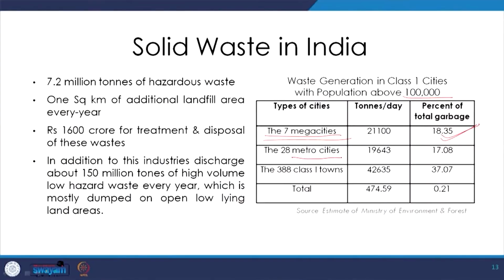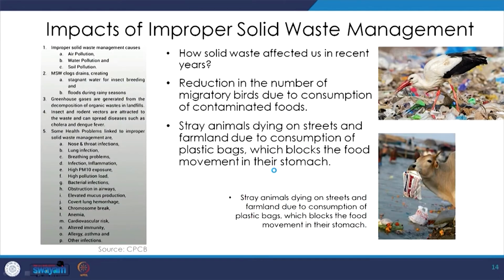Looking at 28 metro cities, they are generating around 17% of the total waste, and 388 class 1 towns are generating around 37.07%. If you look at these percentages in tons per day collectively, and calculate on a per city basis, then we see that per city waste generation is much higher for megacities as compared to the rest of the class 1 towns.